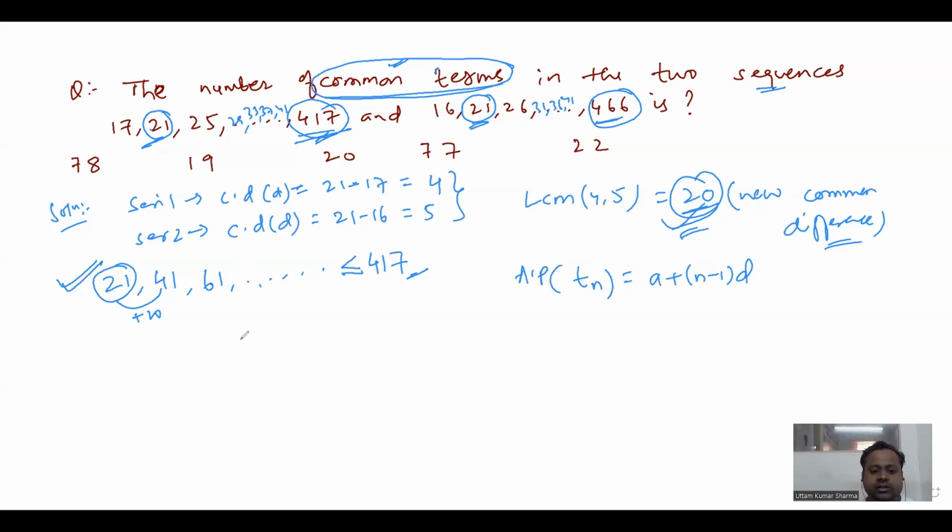So now let's do it. We will put it in this formula. In place of A we can put 21. N we need to calculate. Then (n minus 1) times the common difference of 20.